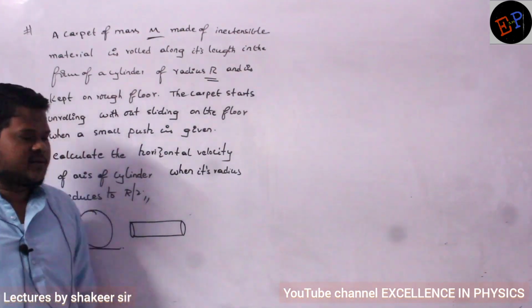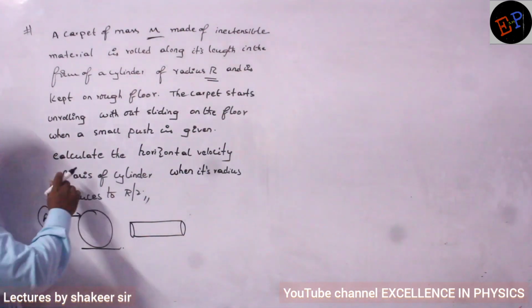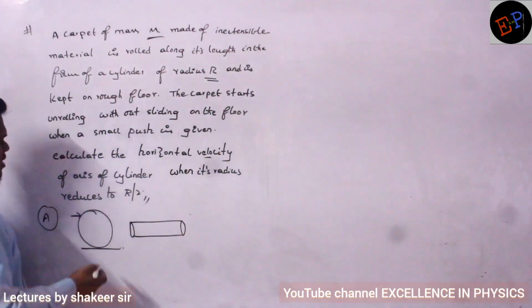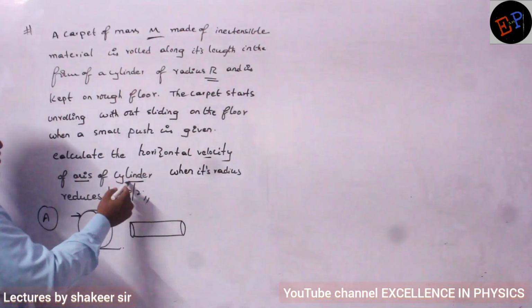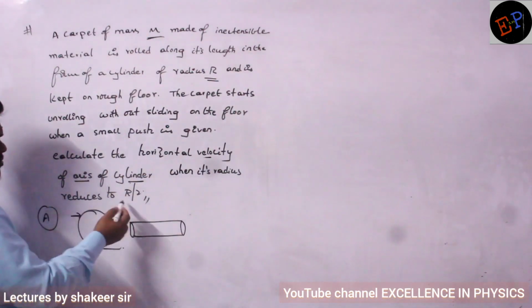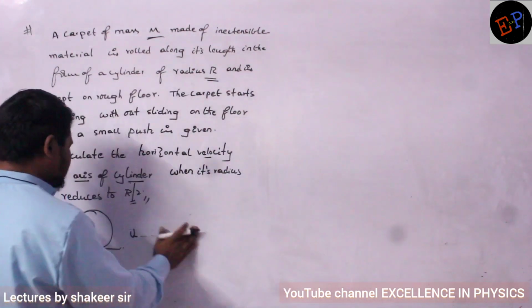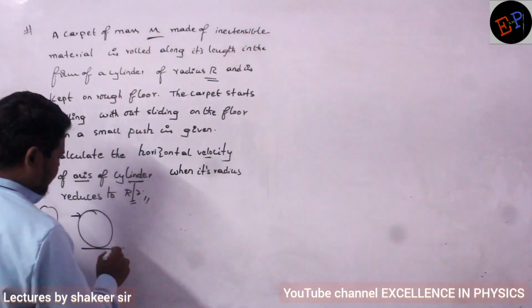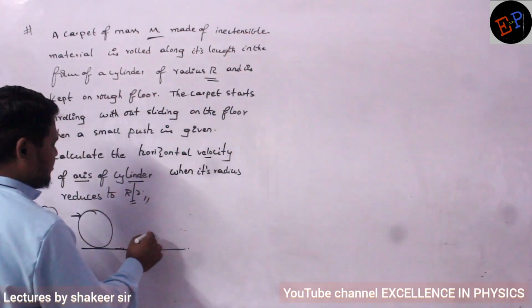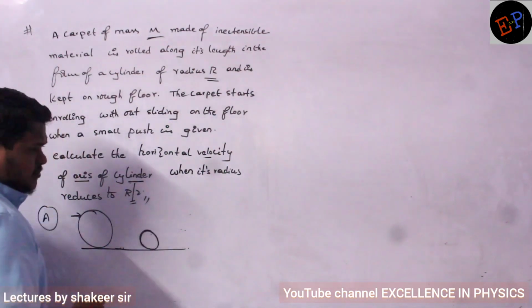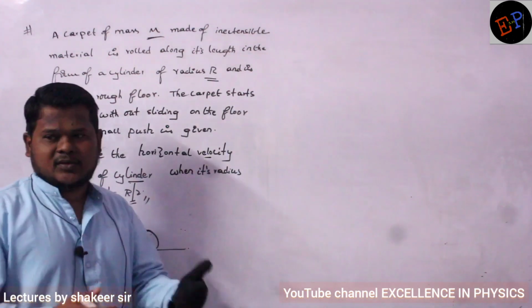Unroll avutundi kada carpet, so it started unrolling. So you are supposed to calculate what is the horizontal velocity of the axis of the cylinder when it reduces to a radius of r by 2. It means that, initially this is the carpet, so it started unrolling. Then after some time it has become a small cylinder. Unroll avutu unte dan radius taggutu veltundi kada.